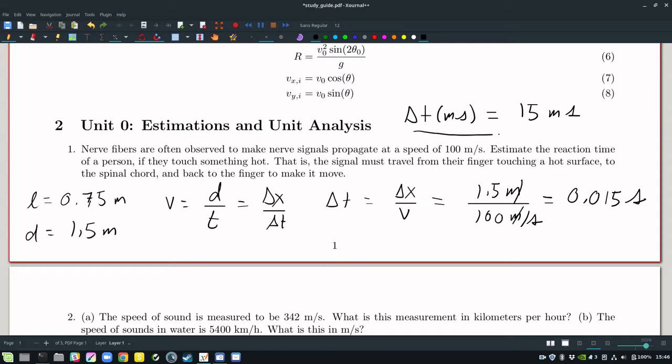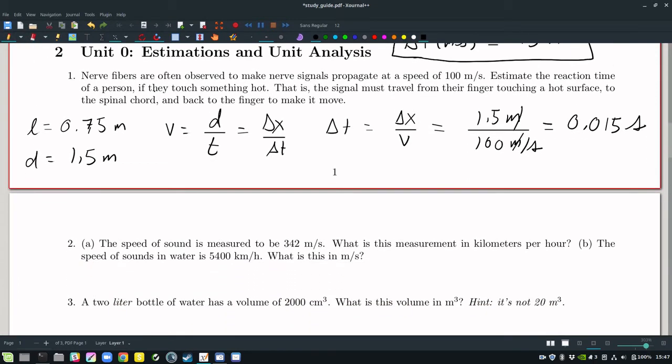Now remember, this is an estimate which is very quick. So the nerve speed could vary, and most people's reaction time is a little bit slower than this. It's a time that's longer than 15 milliseconds. So let's move forward with the next problem that involved the definition of velocity.